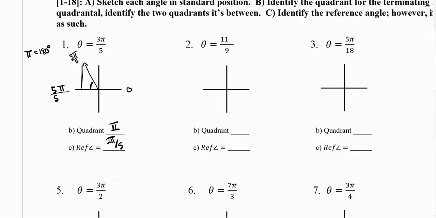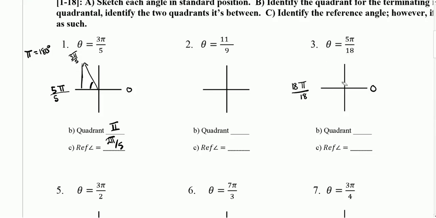Let's try this again with number 3. So 0 degrees, also 0 radians at that location. Moving counterclockwise, we have pi radians, but I want a common denominator, which is 18, to our angle that we're after. So this is multiply top and bottom by 18, and I get 18 pi over 18. So now I gotta find the location of 5 pi over 18.